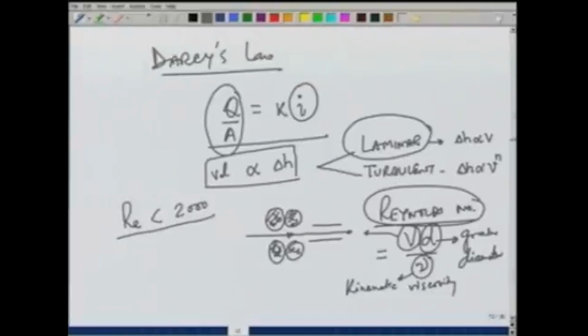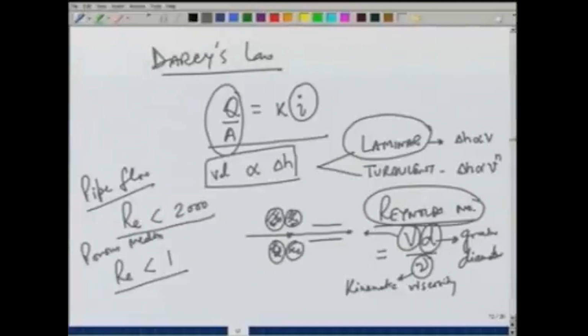In porous media, based on experiment, it has been found that, using grain size as the characteristic length, the diameter d, RE should be less than 1 for Darcy's law to be applicable.